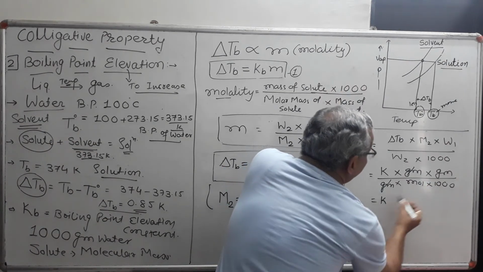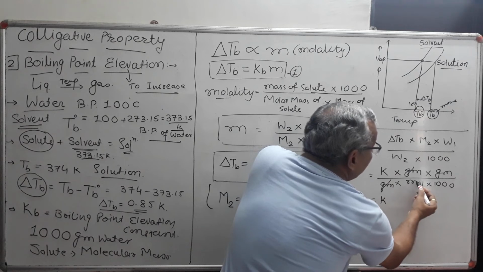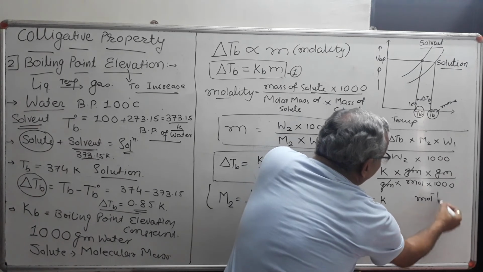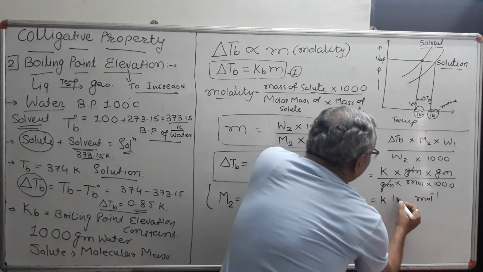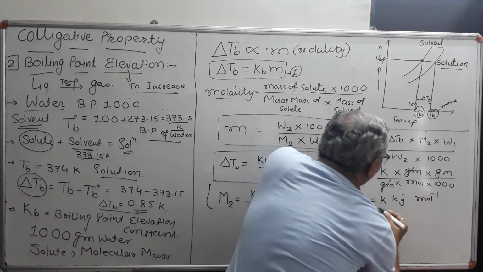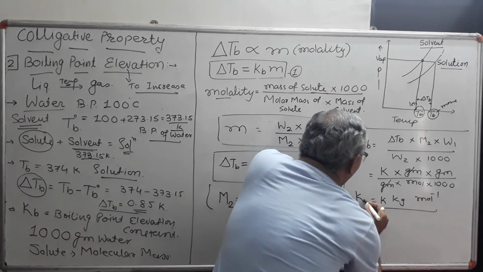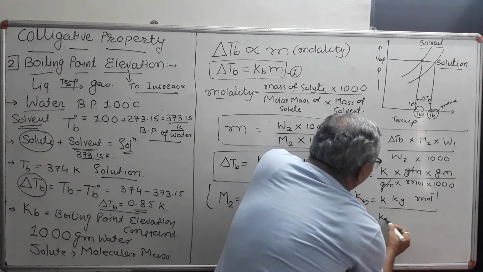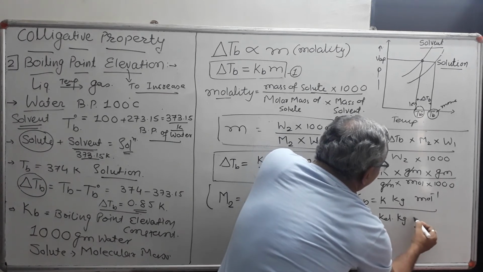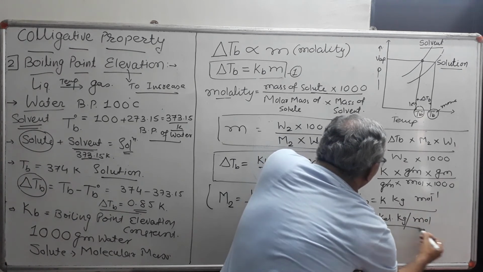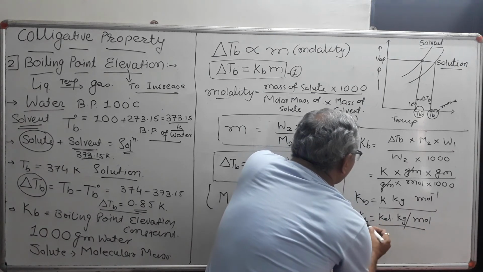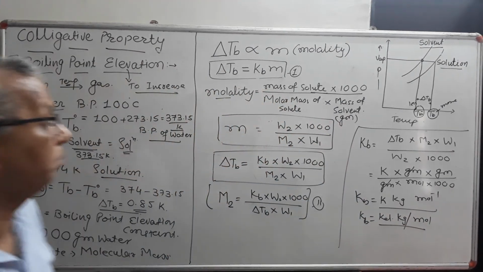That is Kelvin. This is mole inverse, and gram by 1000, that is kg. So the unit of kb is, friends, Kelvin kilogram per mole, or Kelvin kg mole inverse. So this is an important term you have to remember, friends.